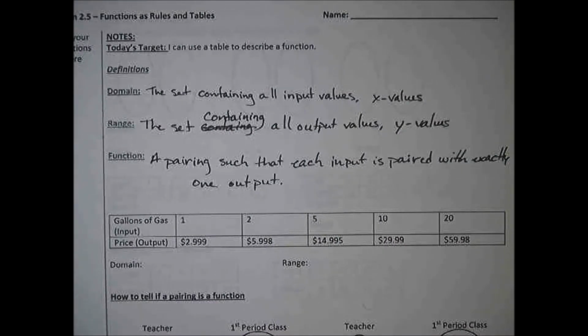So for every number that we put in, we only get one number out. It wouldn't be a function if I could put a 3 into the function and get two different numbers. That would not be a function.